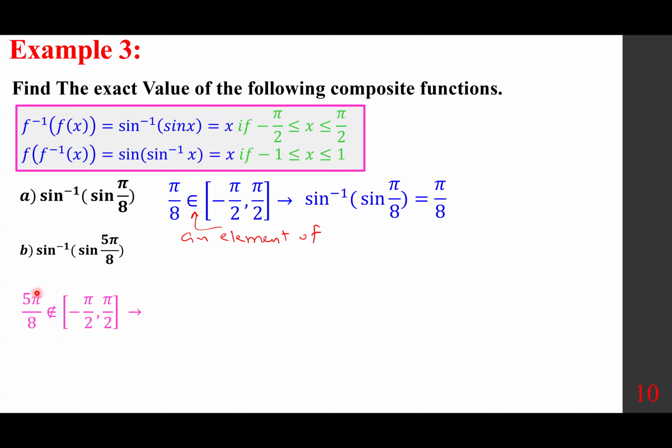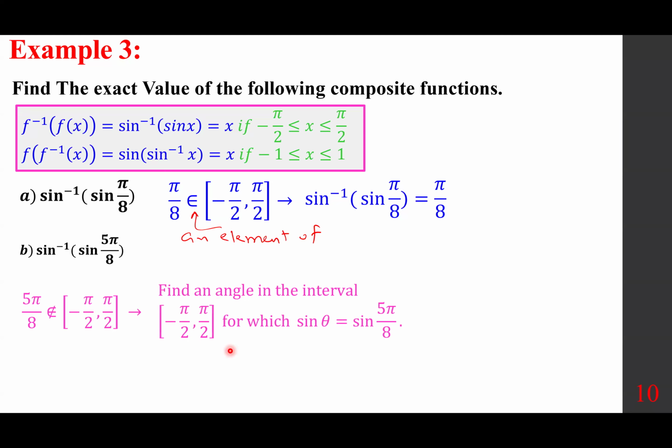We cross it out. 5 pi over 8 is not an element of this domain of negative pi over 2 to pi over 2, which is the domain for the sine. So what do we do? We find an angle in this interval for which sine theta and sine of 5 pi over 8 are the same.